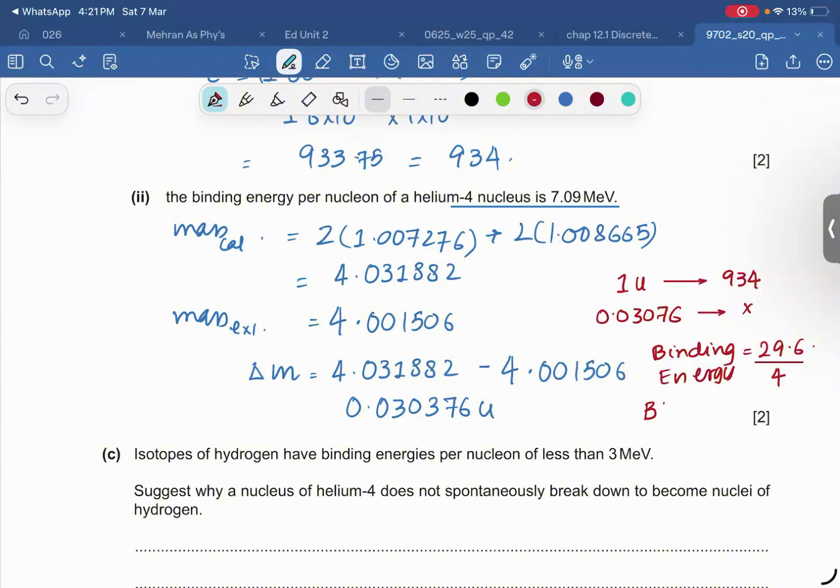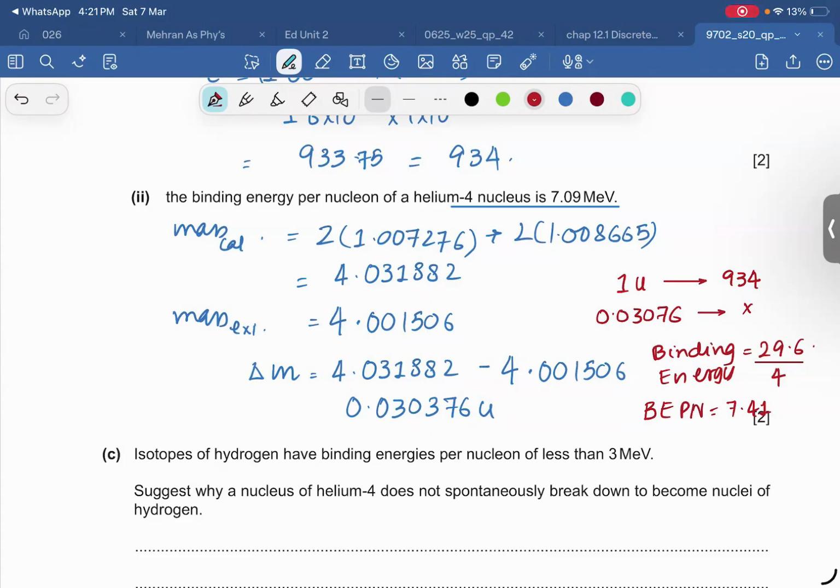Binding energy, 7.41. It should be 7.09, but okay, fine. Let me check.